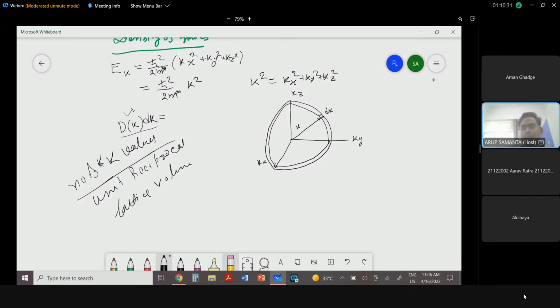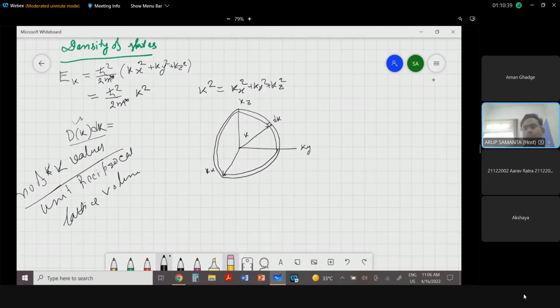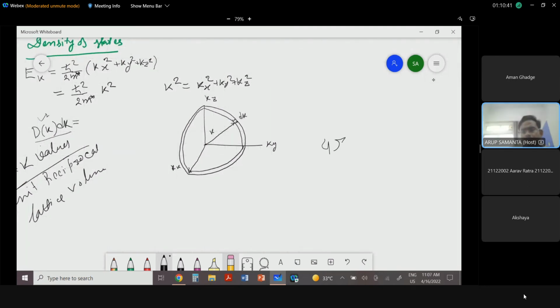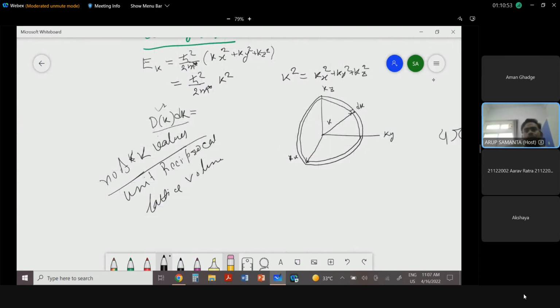So now you want to know how much is the volume of this part. You know the surface area is 4 pi k square into dk. Am I right? The volume of this cell, if it's a sphere, so the surface area is 4 pi k square and the thickness is dk.